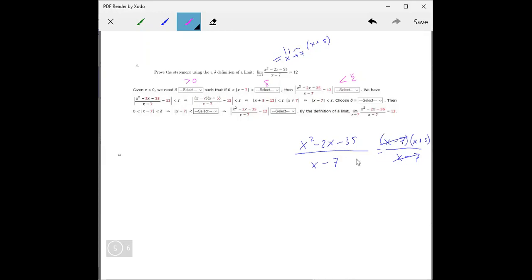That's just factoring like we did here, and that's true if and only if, canceling these guys off, we get x plus 5 minus 12 is less than epsilon, where x is not 7. That's if and only if, 5 minus 12 is negative 7, so it's x minus 7 here. So we're going to choose delta equal to epsilon.